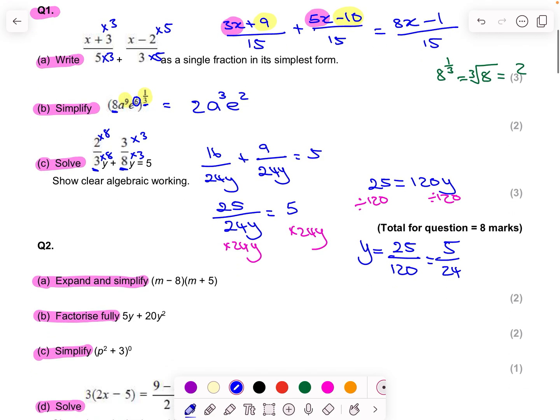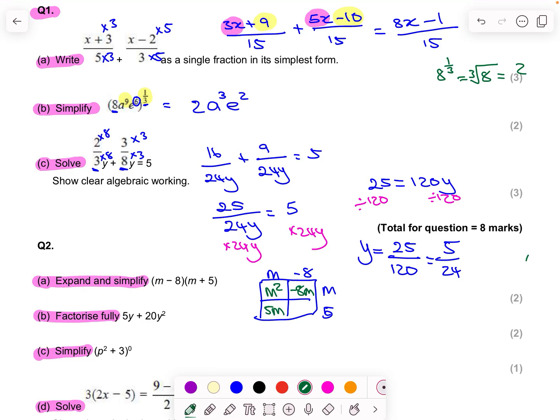Okay, next we've got expand and simplify. You know, I love using the grid. You don't have to. Some of you use arrows. So m minus 8, m plus 5. Fill in the grid. m times m is m squared. Minus 8 times m is minus 8m. m times 5 is 5m.